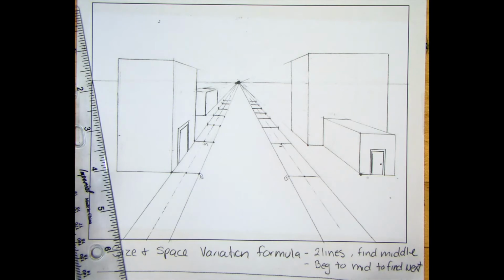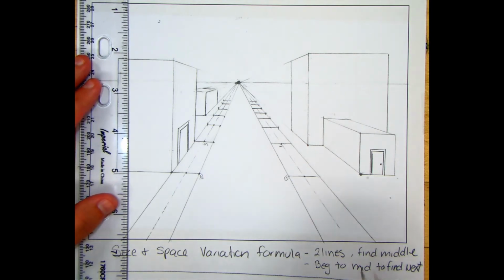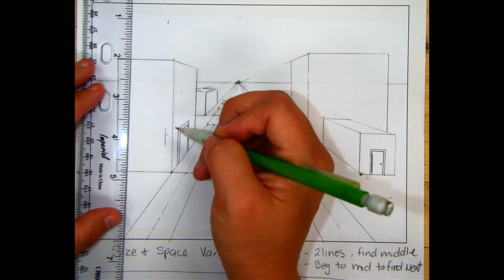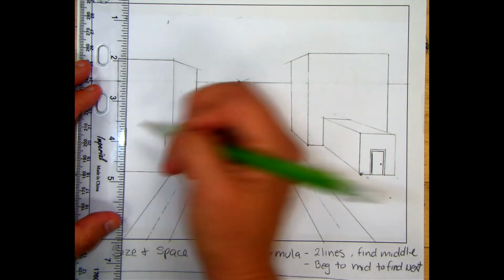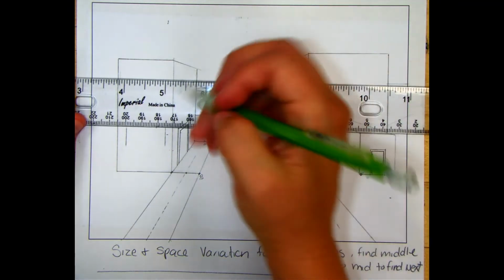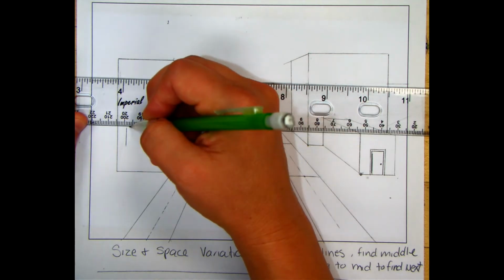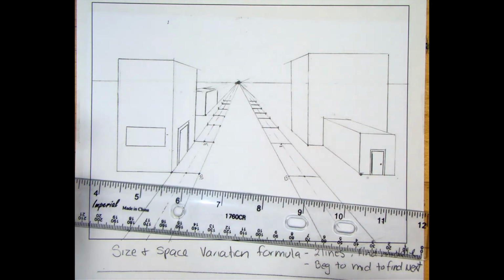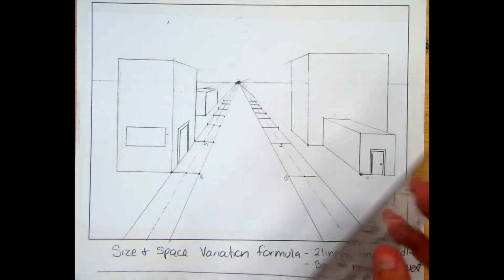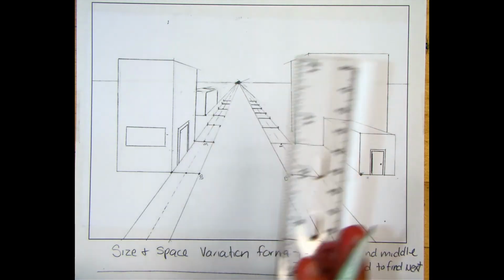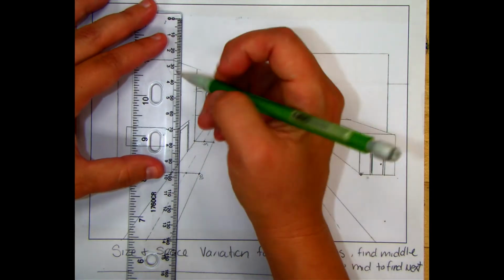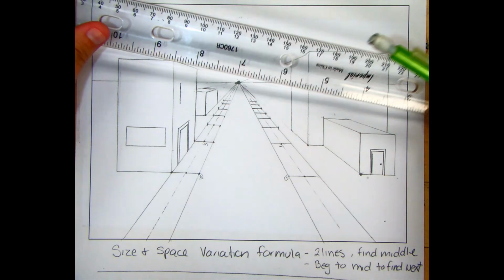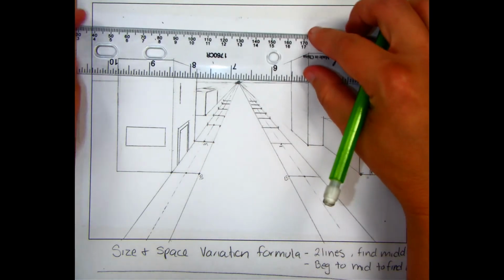So if we were going to put a couple of windows onto this building, let's say that I put a window right here. It's just going to be a square or a rectangle, whatever you like. But if I was going to put, maybe this is a two-story building, a window up here, closer to this side, I would draw a line.